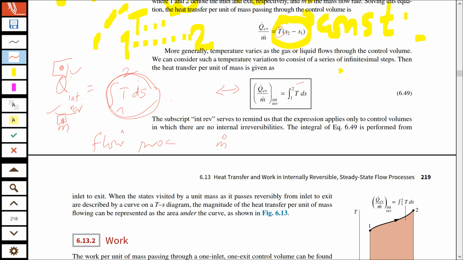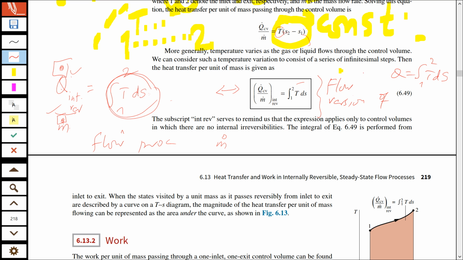So I would call this equation a flow version of this equation. You're very familiar with this 1 to 2, and you're calling it Q.